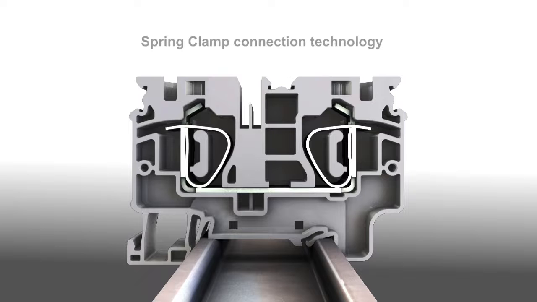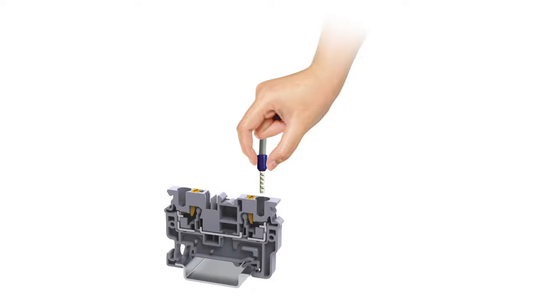Now, as innovation and design possibilities move forward in DIN rail technology, there's advancement in materials and design options. We have a push-in terminal block now, and they are more and more becoming available to engineers and installers.